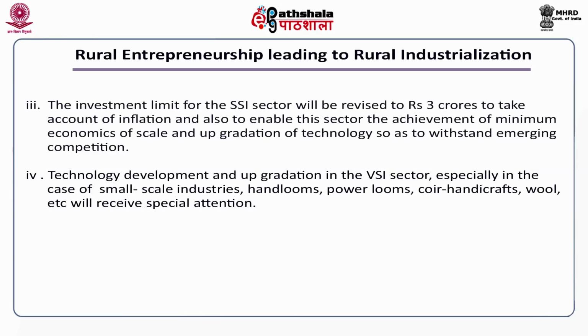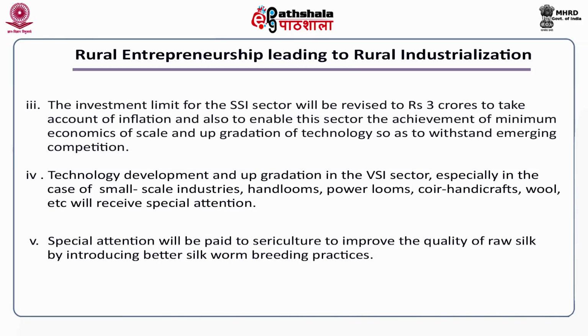The fourth important dimension was technology development and upgradation of the sector, especially in the case of small scale industries, handlooms, power looms, coir, handicrafts, wool, etc. will receive special attention. This special attention will be paid to sericulture to improve the quality of raw silk by introducing better silkworm breeding practices.